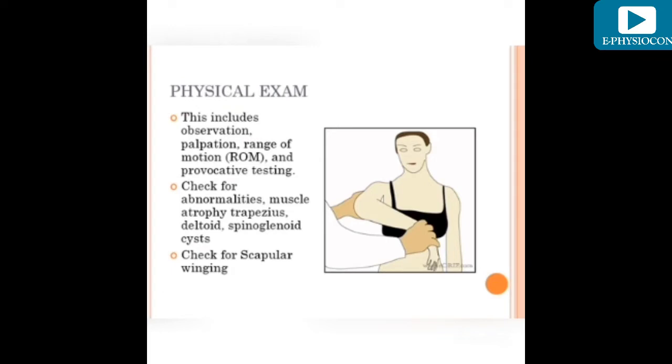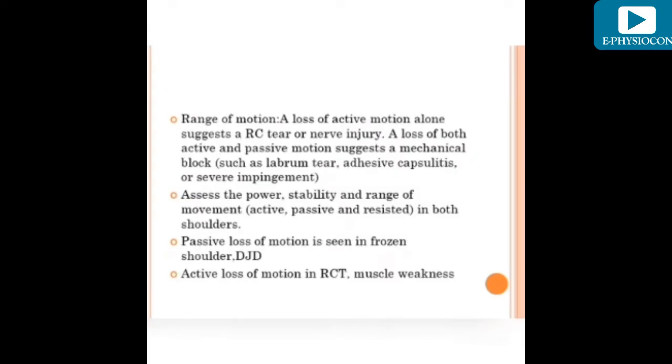For example, supraspinatus muscle atrophy and infraspinatus muscle atrophy can be seen, and sometimes trapezius and deltoid problems we can notice, and a spinoglenoid cyst can also appear. So observing and palpating the patient is very important. Check for scapular winging also, and if there is any deformity, check for it in the physical exam.